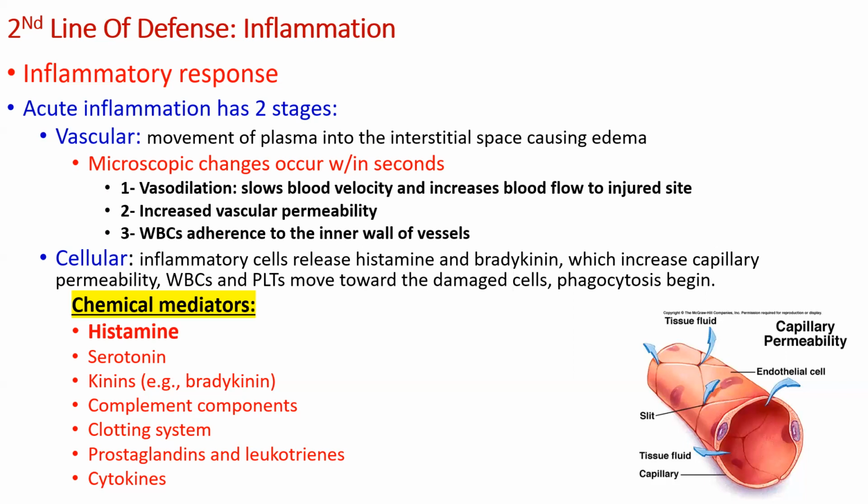The resultant effect of the increased vascular permeability will lead to edema, warmth, hotness, and redness. So the affected site or part will become red, warm, and swollen in response to the increased vascular permeability.